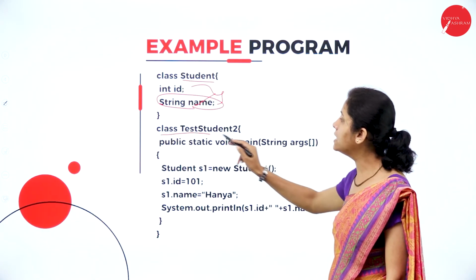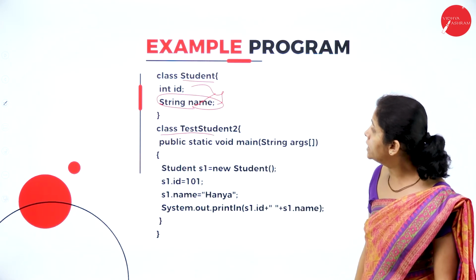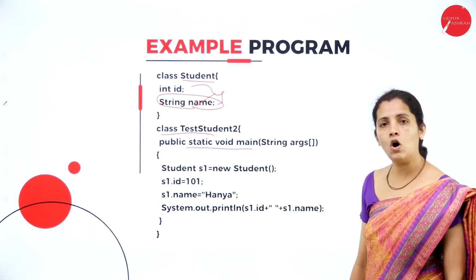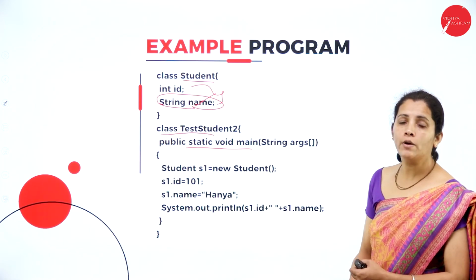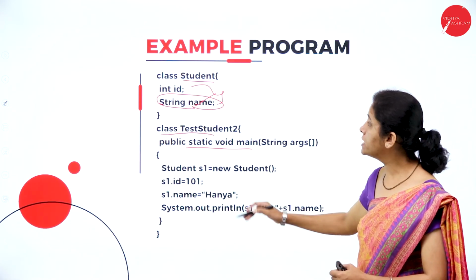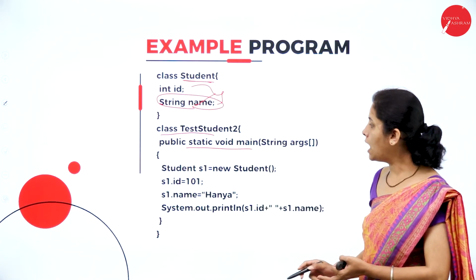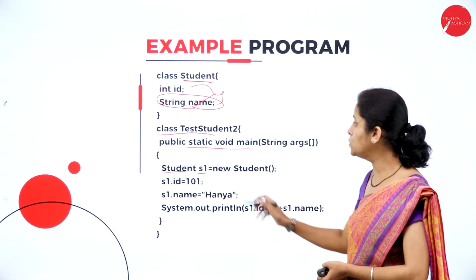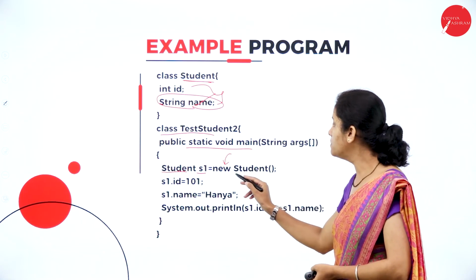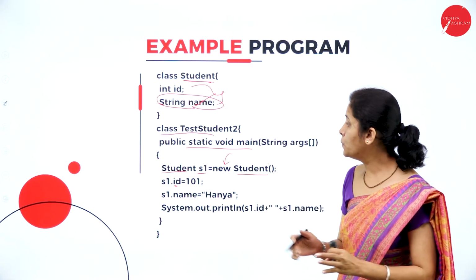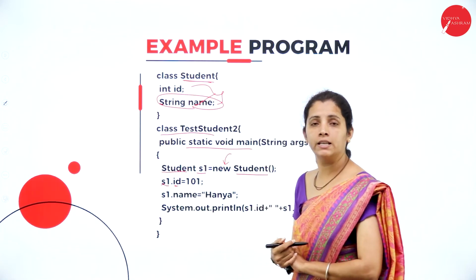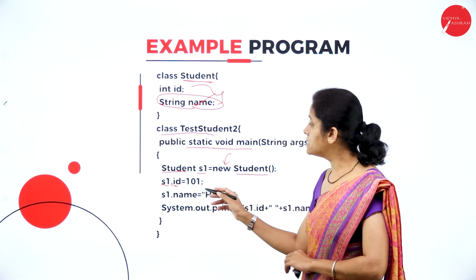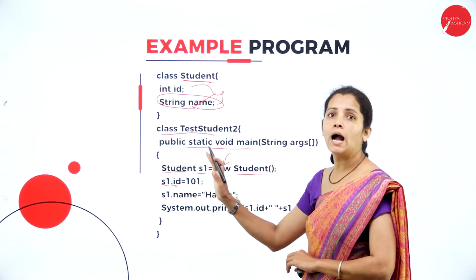Now this is my first class. I have another class called TestStudent2, and inside this class I write the main method. I want to create the object for this Student. Student is my class name and s1 is my object name, equal to new Student. With the help of the object name s1, the dot operator and the field name, I'm assigning the value 101 to ID.